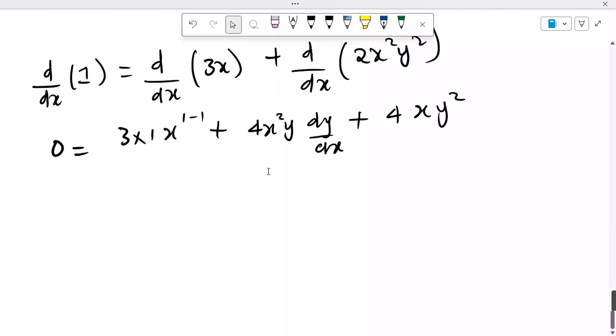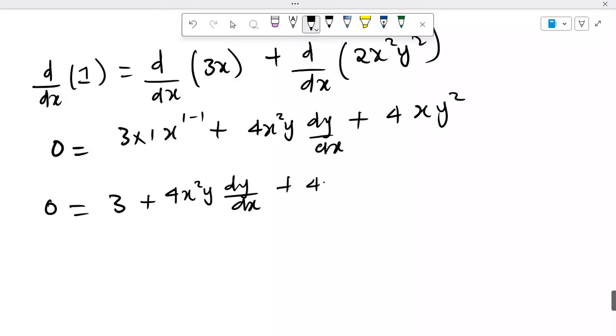So we further simplify it. We have 0 equal to 3 times x to the power 0, which is 1, so you have just 3 here, plus 4x squared y dy/dx plus 4xy squared. We don't need these terms on this side, we take them to the other side.